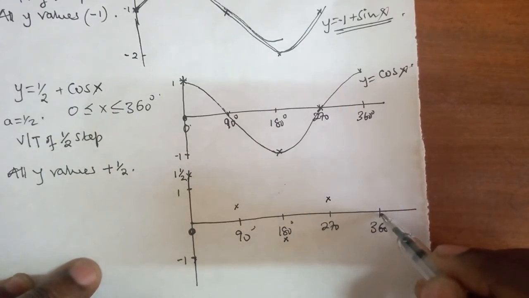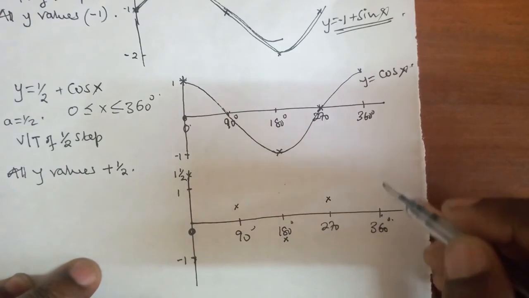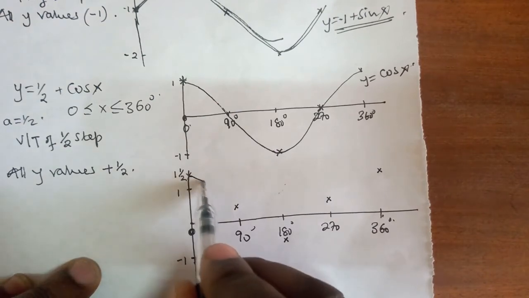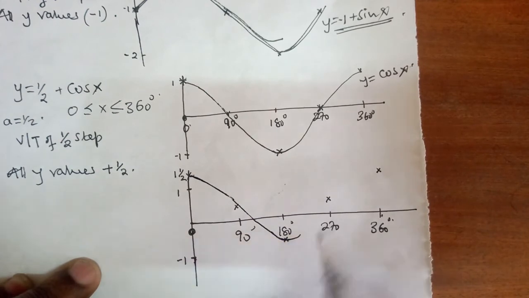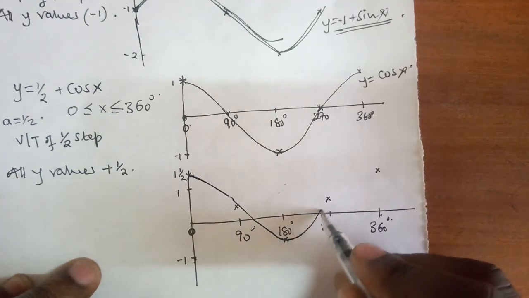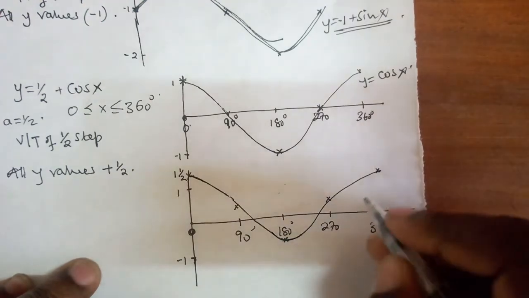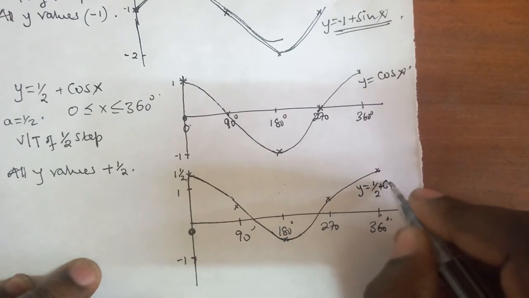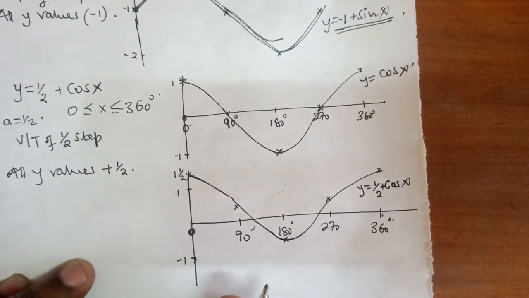When x was 180, y was -1, and -1 plus a half is negative a half. When x was 270, y was 0, and 0 plus a half is a half. When x was 360, y was 1, and 1 plus a half is 1.5. So we look at this graph that appears to look like this. This is the graph of y equals a half plus the cosine of x.